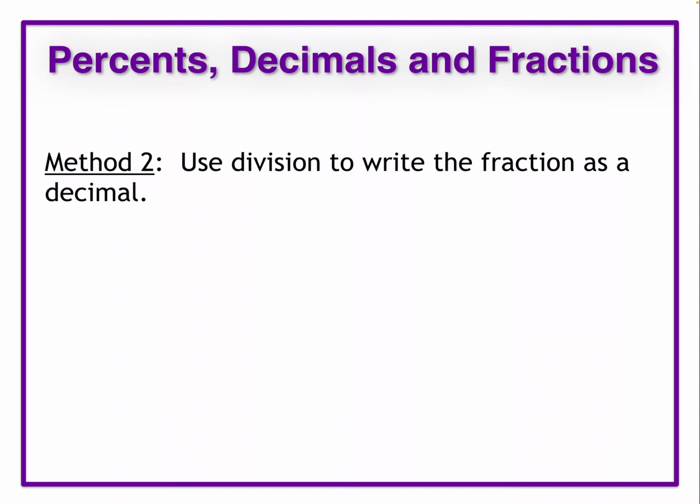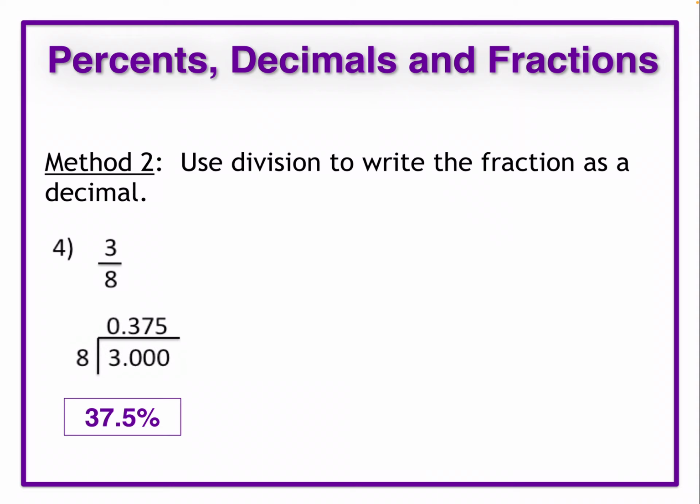Now, method 2 is using division to write the fraction as a decimal. And this method, you can use it with any fraction you have. Any fraction, doesn't matter if the denominator is a factor of 100 or not, you can use this method. So for example, 3/8, the denominator 8 is not a factor of 100, so that means you have to do the division.